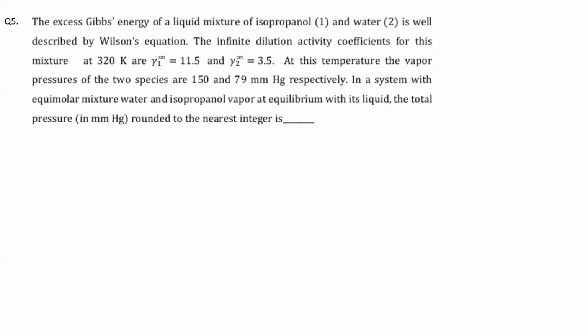And coming to question 5, this is Wilson's equation. Here you have y known, T known. Okay, y and T known. So it is very easy for you when T is known. And in Wilson's equation also, you have ln gamma 1 infinity is equal to 1 minus A21 minus ln A12 and so on.